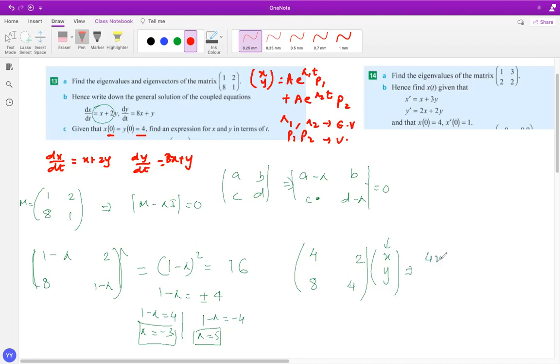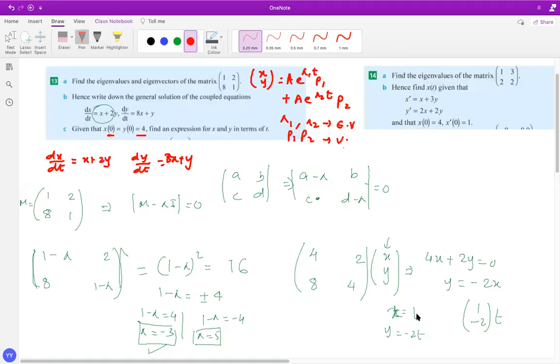So it's 4x plus 2y equals 0, so y equals negative 2x. If I take x as t, I get y as negative 2t. So my eigenvector here is 1, negative 2 times t. This is the basic eigenvector for the eigenvalue lambda equals negative 3.